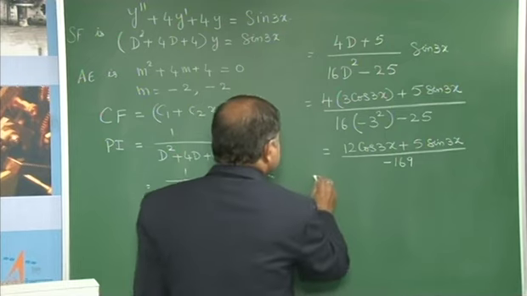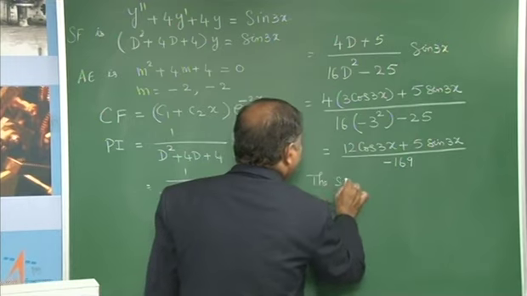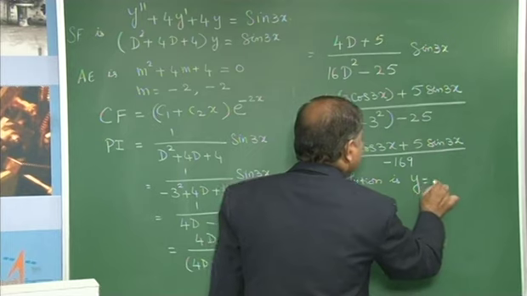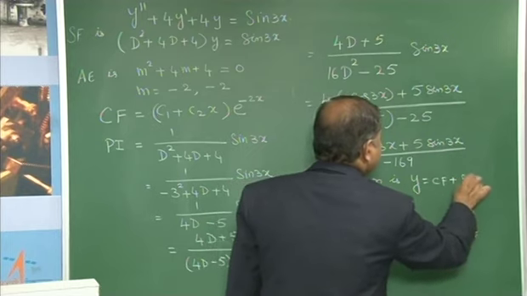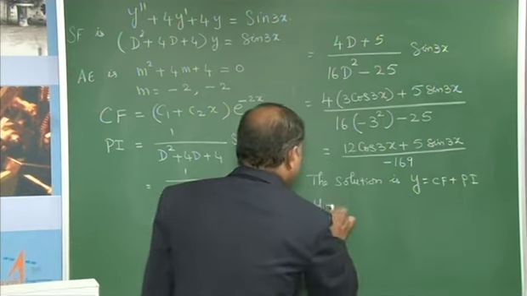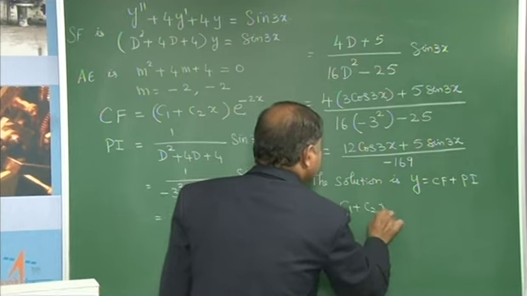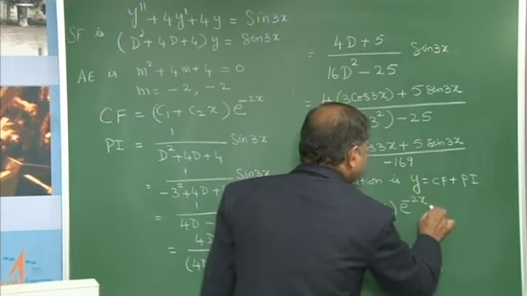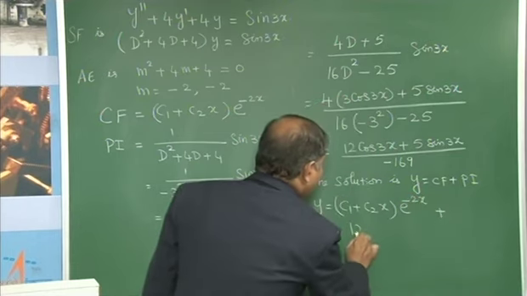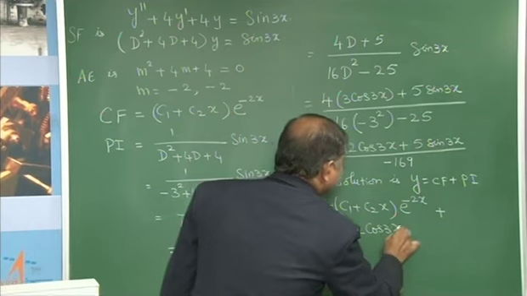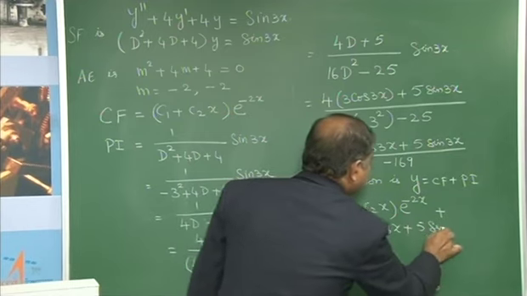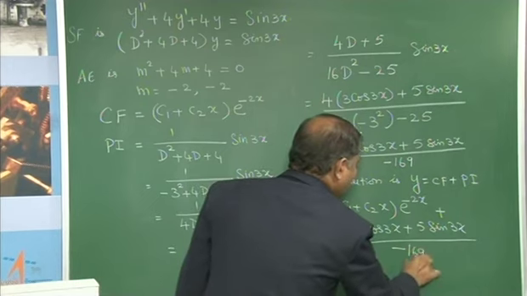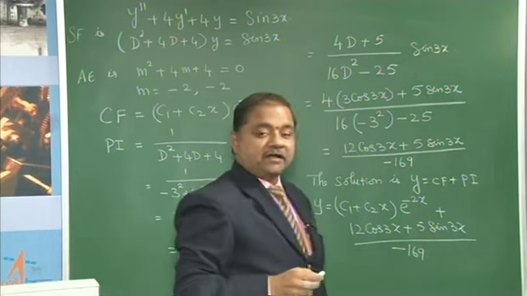Now what is the solution? Everywhere the total problem should be completed, that means with the solution CF plus PI: y is equal to C1 plus C2x e power minus 2x plus 12 cos 3x plus 5 sin 3x divided by minus 169, that is the solution.